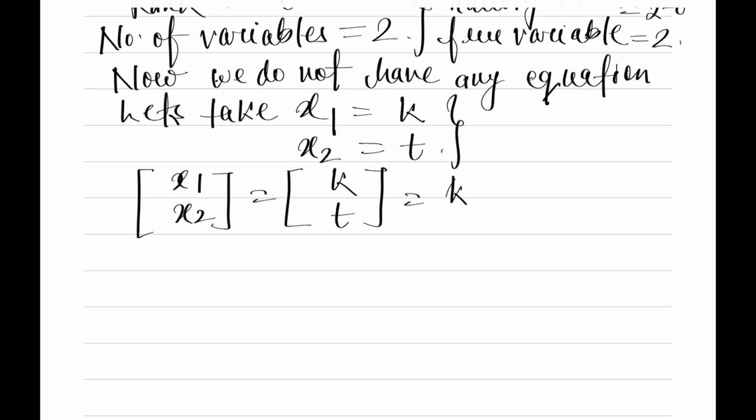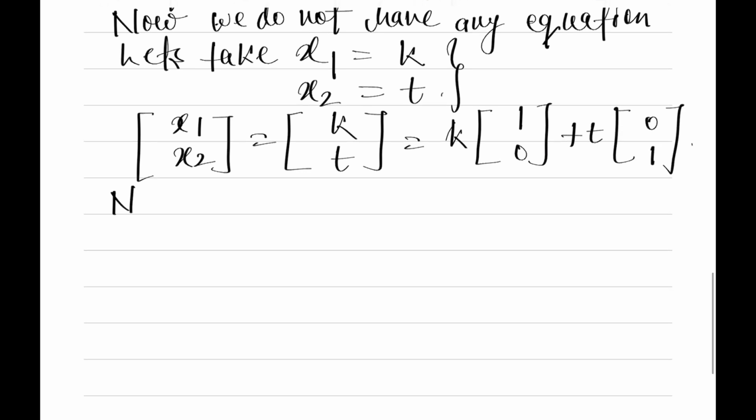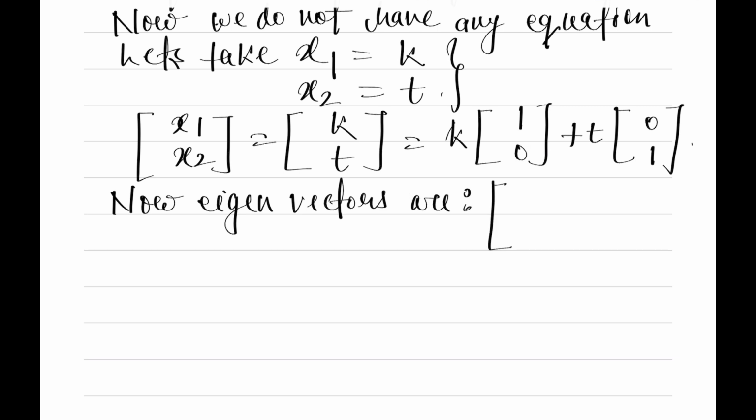Separating variables, k times 1, 0, plus t times 0, 1. Now eigenvectors are, we have 2 eigenvectors. First one is 1, 0, and second one is 0, 1.